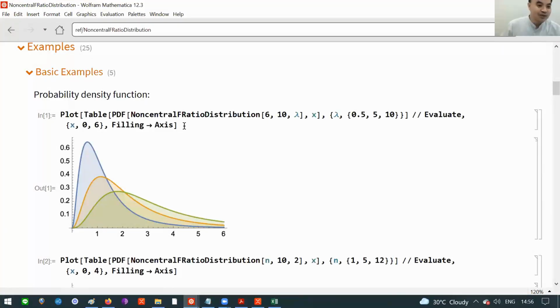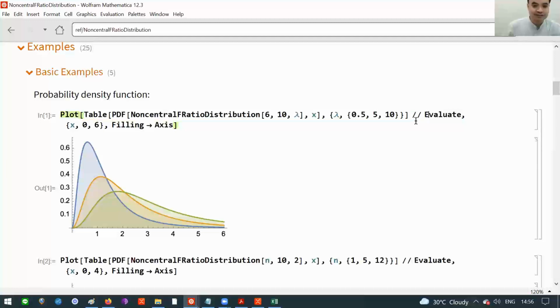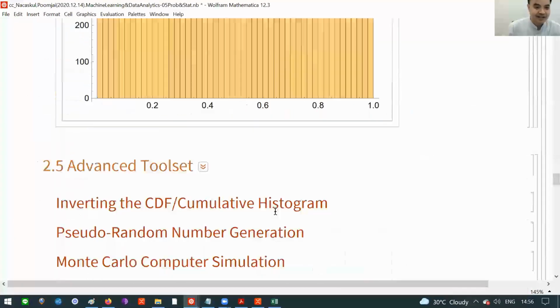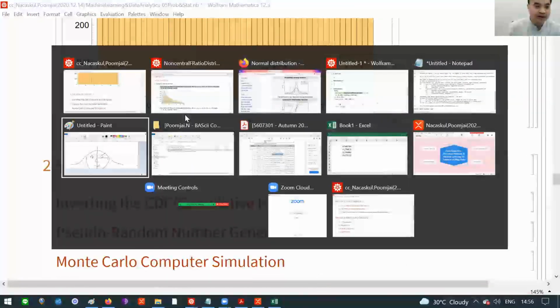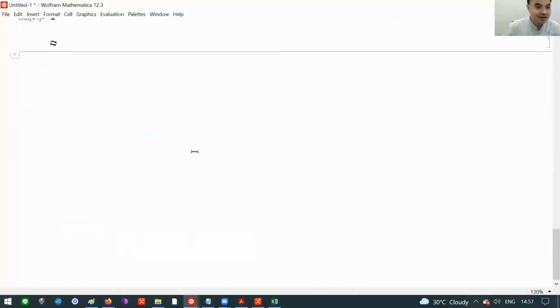So what you want to do is take this, and evaluate it here. Just copy what it says, and go to your own notebook. Let's make my own thing here.